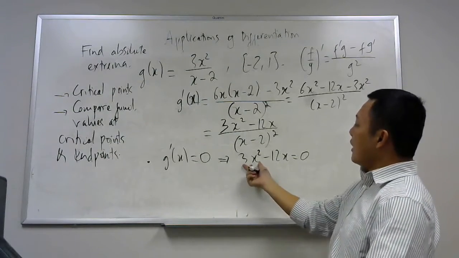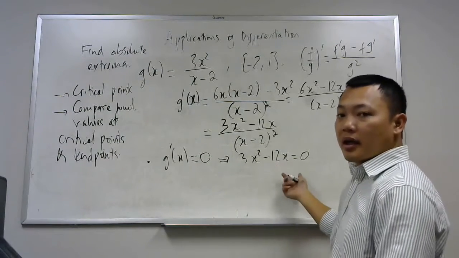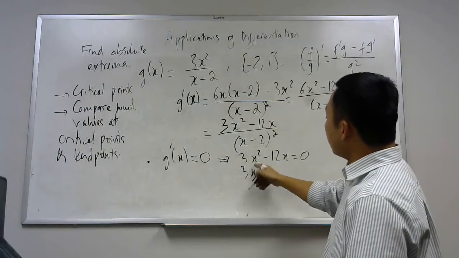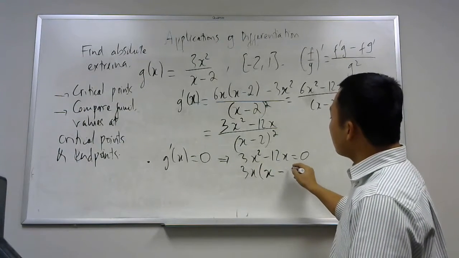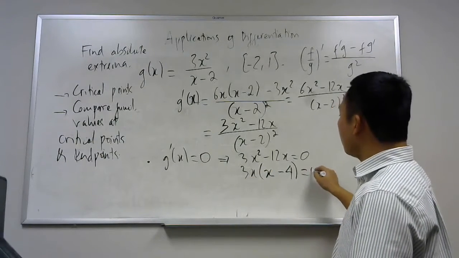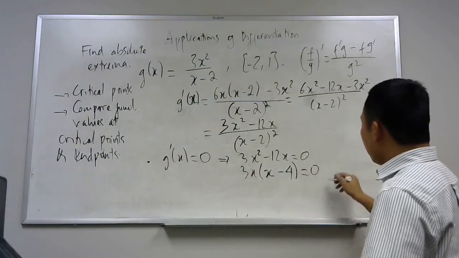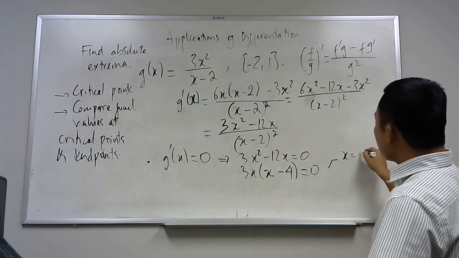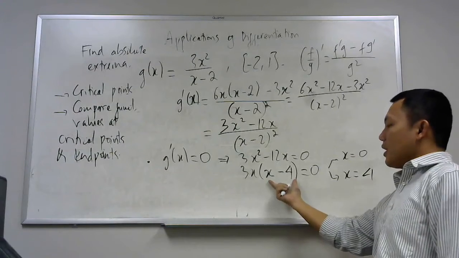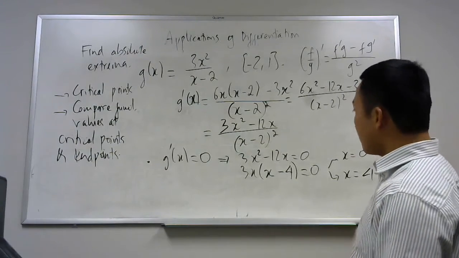I can factor this: 3x times x minus 4 equals 0. From here I get x equals 0 or x equals 4.